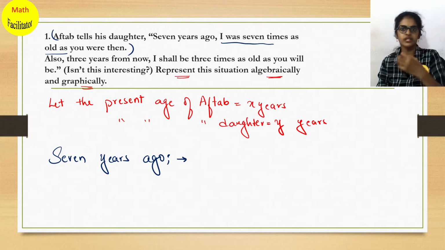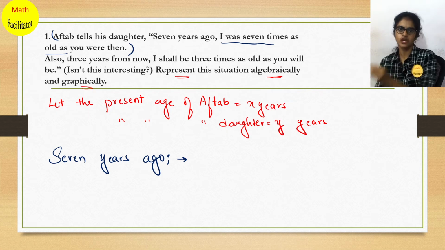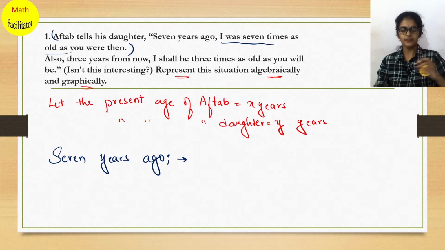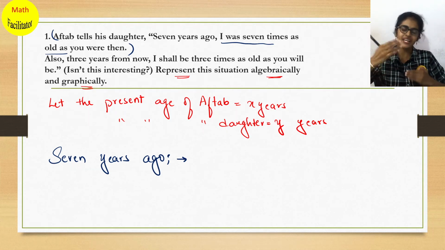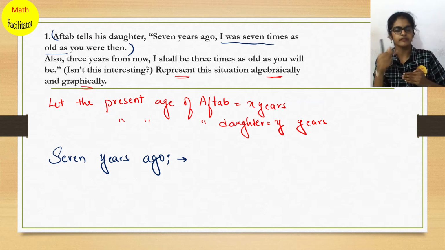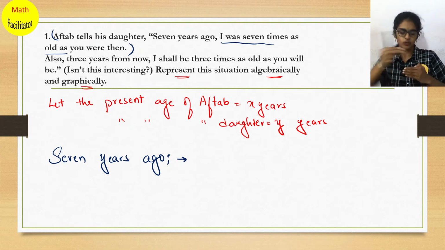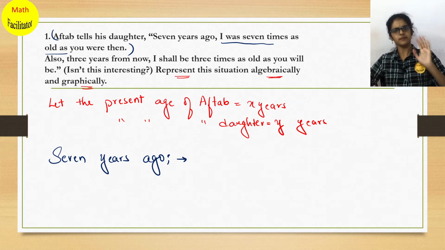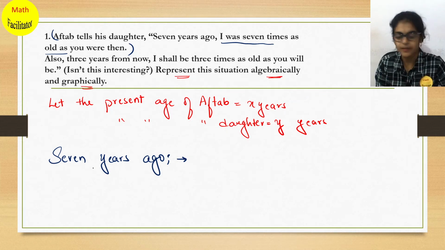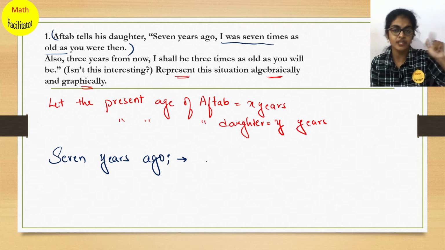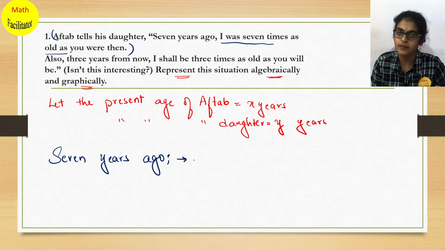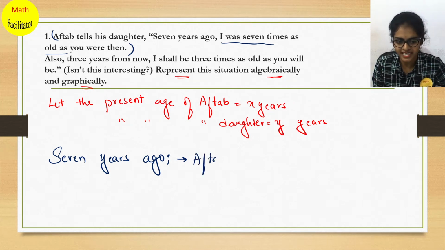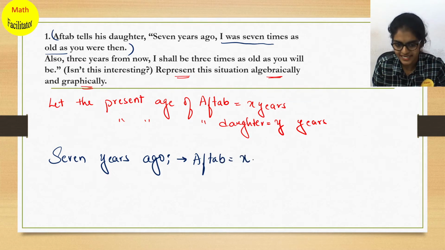That means after 2 years, your age will be 15 plus 2, so present age plus 2. That means whenever you want a future age, you will add that particular number. If you want the past age, you will subtract that particular number. So here we need past age. 7 years ago, that means I have to subtract 7 from the present age.